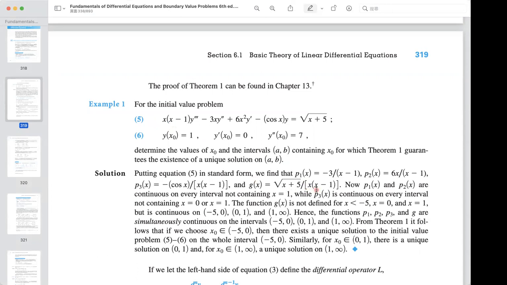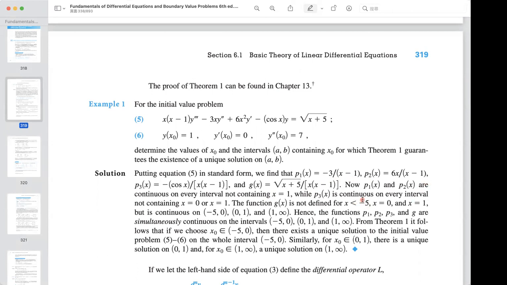And we need to make sure P1(x), P2(x), P3(x), and g(x) must be continuous on some interval. And this interval, as we can see, cannot contain x equal to 1 because that will make the denominator equal to 0.